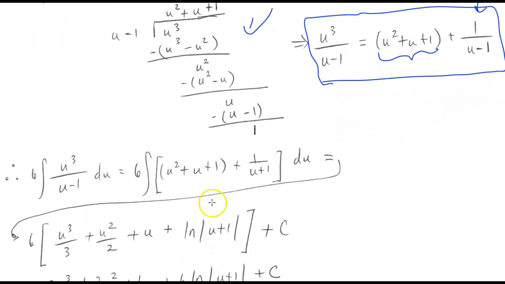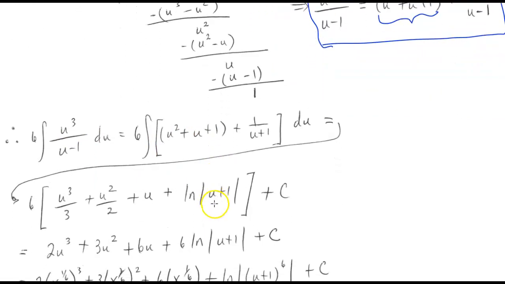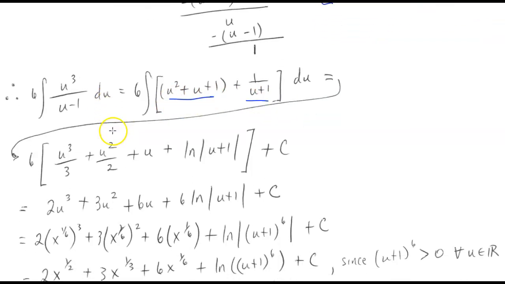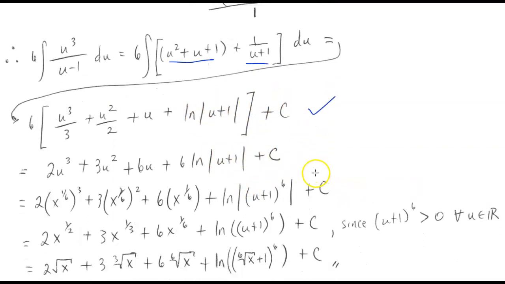So the hard part was to get it looking like how we have it now. And so now all we do is just integrate all 4 of these terms and take the antiderivative of each term. And then after we're done with that, of course, we'll take the 6, multiply it through to make it look a little bit nicer.